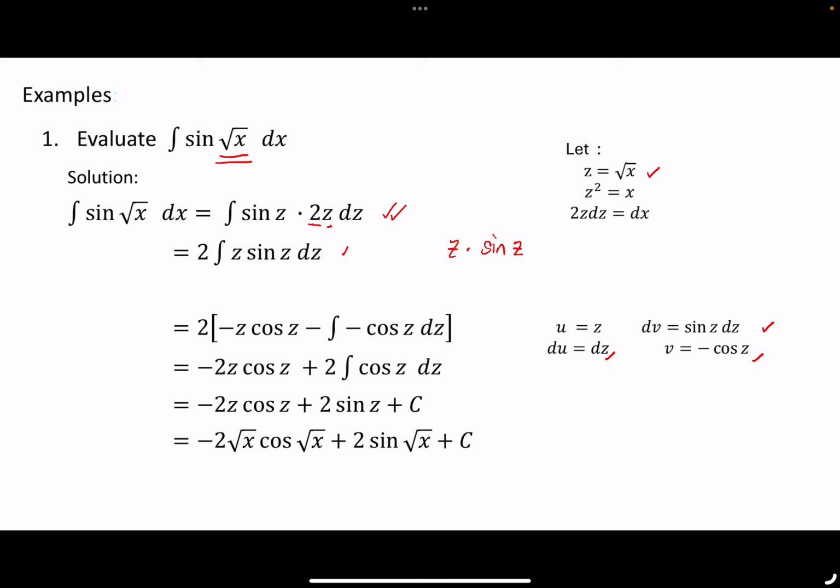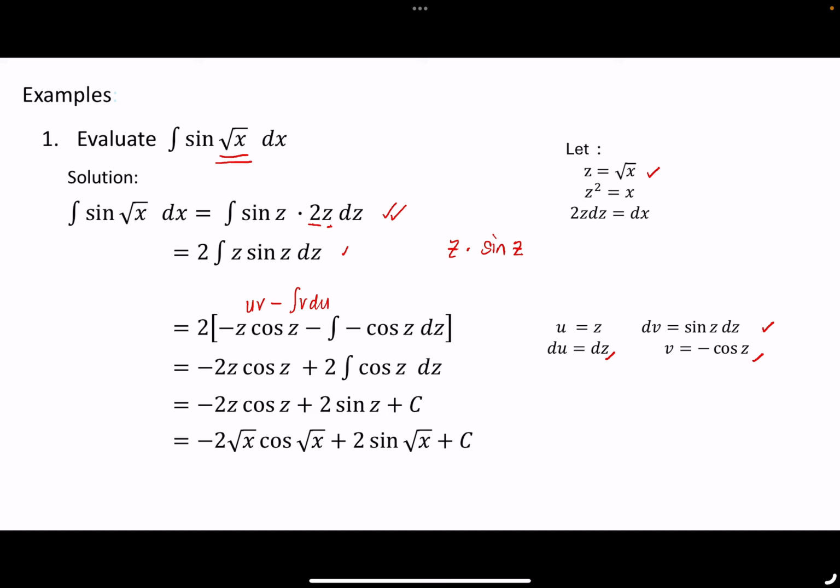We plug it into the formula uv minus integral of v du. That is the integral of u dv. So u is z times v, negative cosine z, minus the integral of v, which is negative cosine z dz.